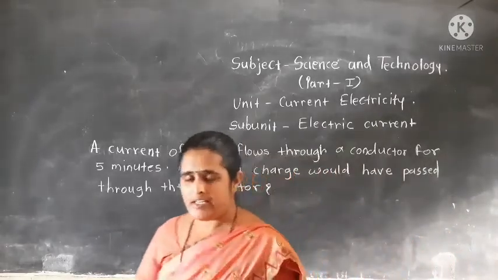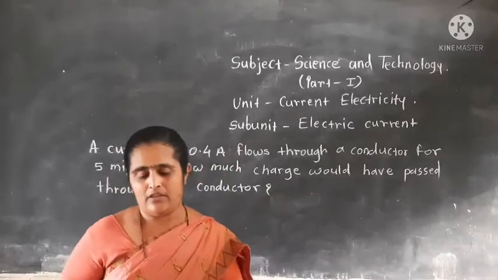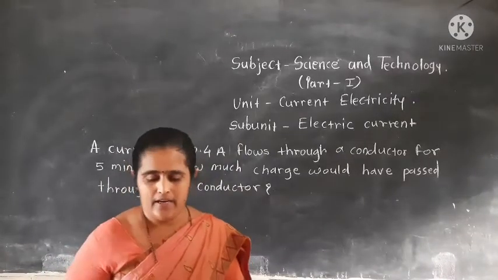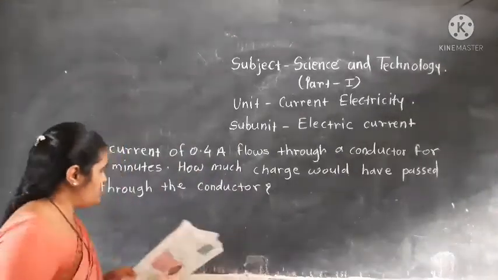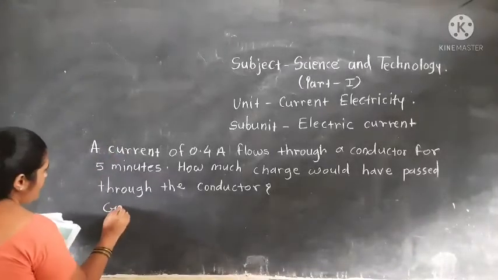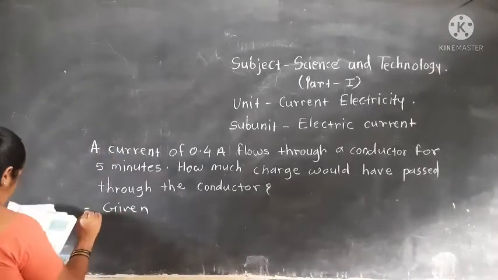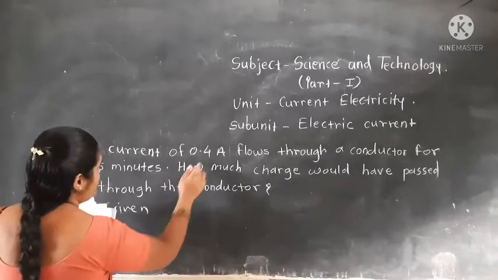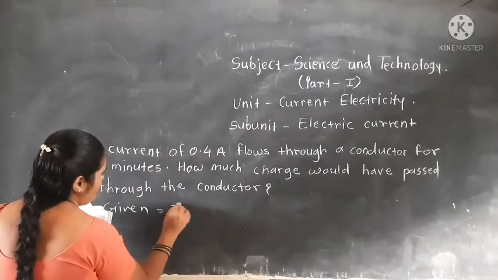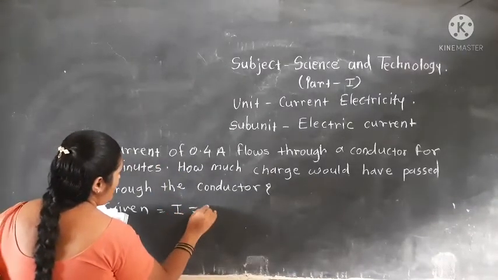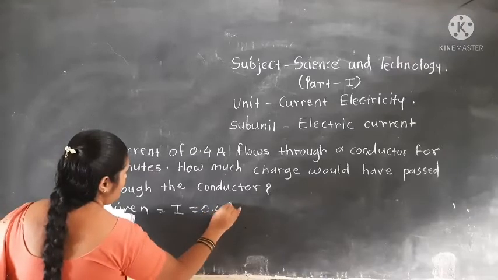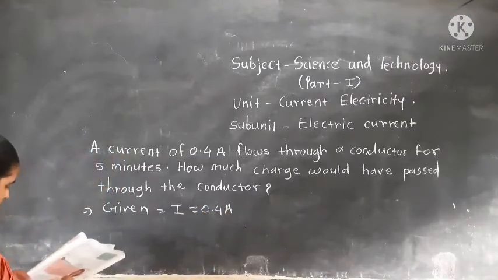Okay, in this example, let's first write the given data. Here the flow of current is given, that is denoted by capital letter I, and the value of current is 0.4 ampere.